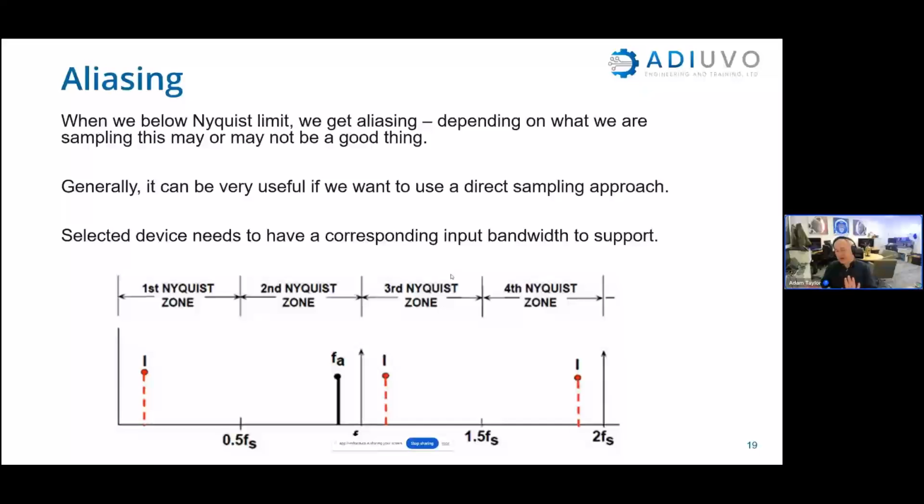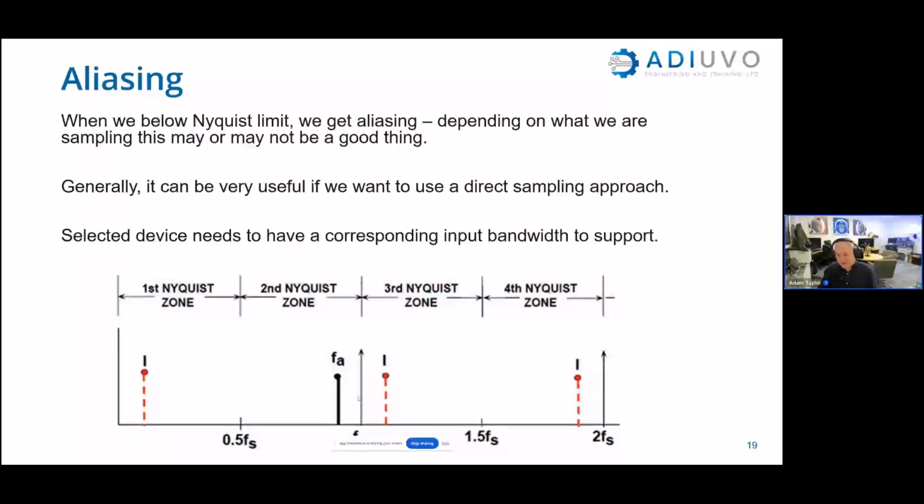What this means, though, is that if we sample differently to this, we can make signals that are higher, outside that criteria, alias back into the signal band so they can actually be accessed. So it acts as a kind of down conversion without having to do any down conversion. For example, we break this up into Nyquist zones.